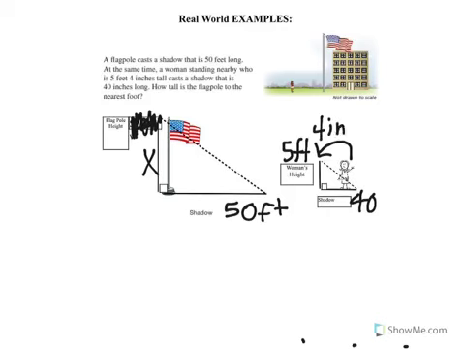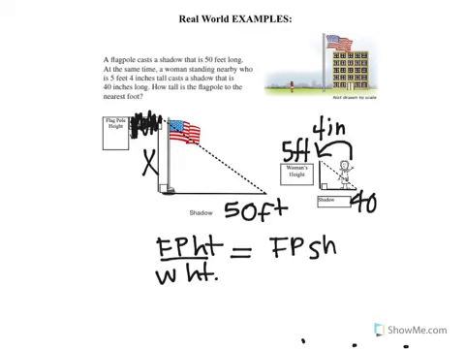So we can go ahead and set this up. We can do the flagpole height over the woman's height would equal flagpole shadow over woman's shadow.